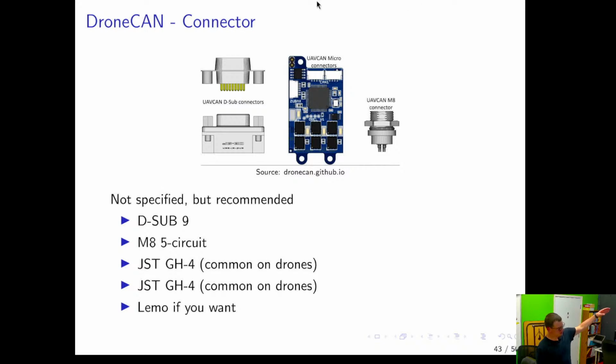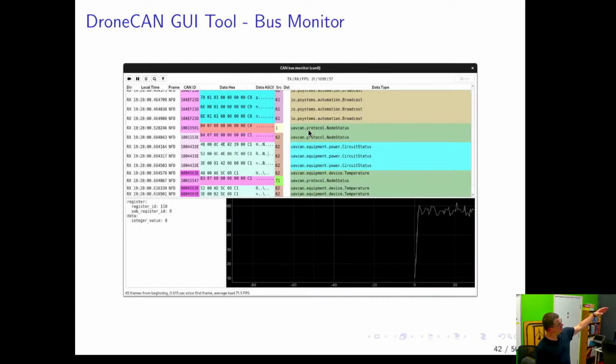The message ID, which is when I say data type or message type, it's these UAVCAN equipment power circuit status, and that's like, let's say, message 18 or something. So it's up to the message type designer to put an ID field in if they need an ID. Yeah, exactly, for that.